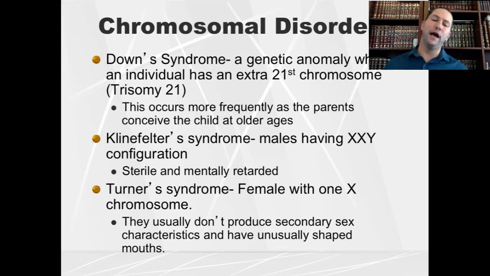And I don't think I defined primary and secondary sex characteristics, so I'll do that now. Primary sex characteristics are all the essential components of the reproductive system. So the ovaries for females, and for males, testes. So this is going to allow you to reproduce.